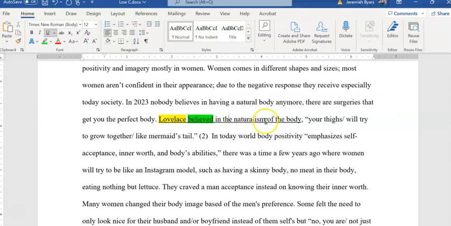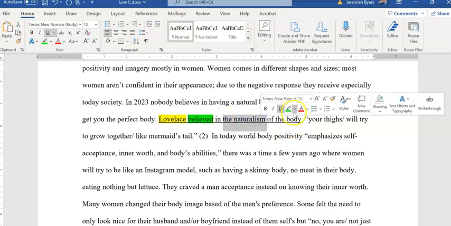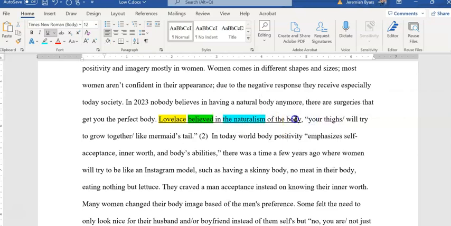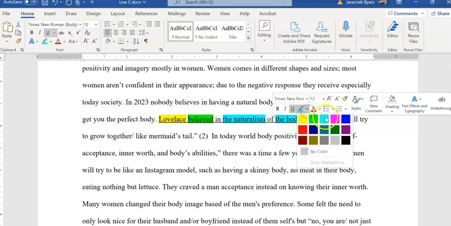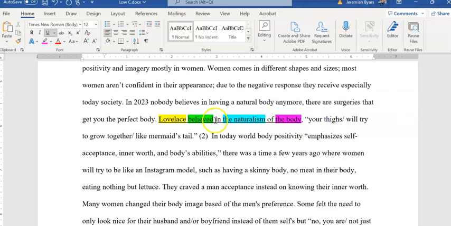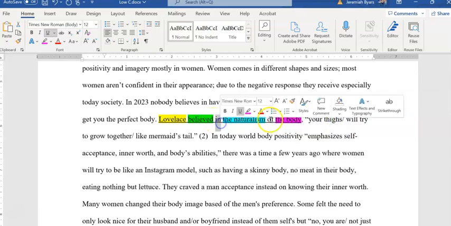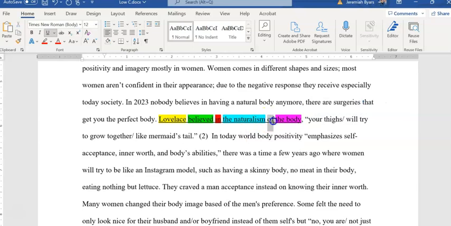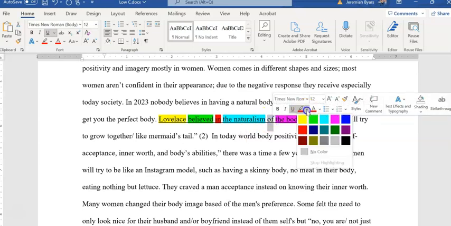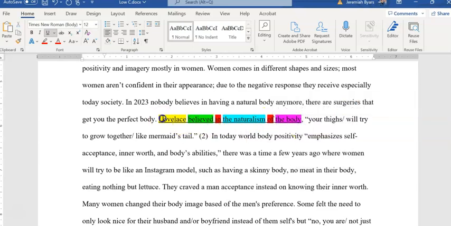In the naturalism of the body, I guess the naturalism is our object, and the body is our direct object, and then we have our prepositions. Oh, look at those prepositions! So cool. This is a complete sentence because all you need in a complete sentence is a subject and a predicate.